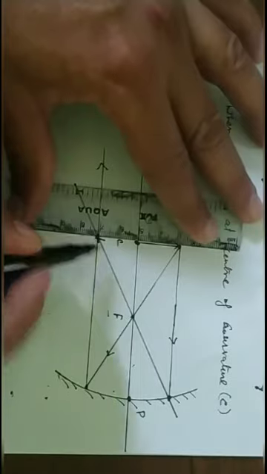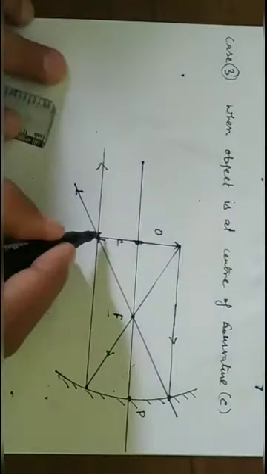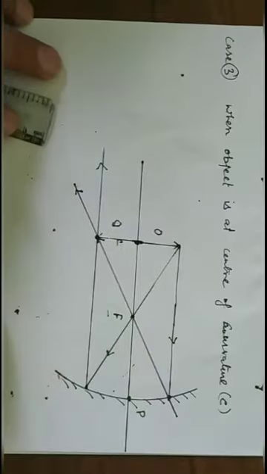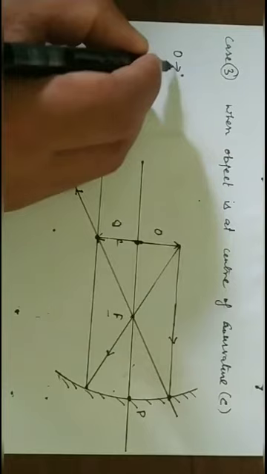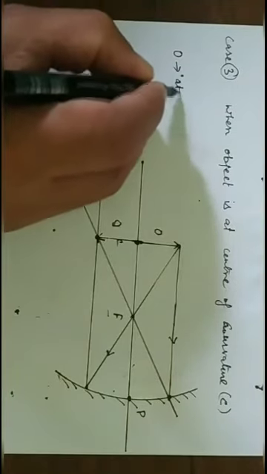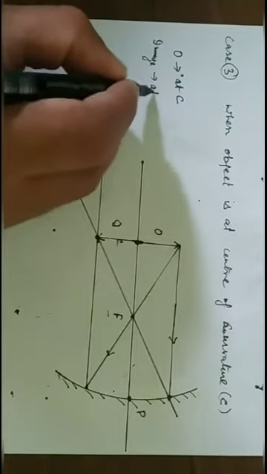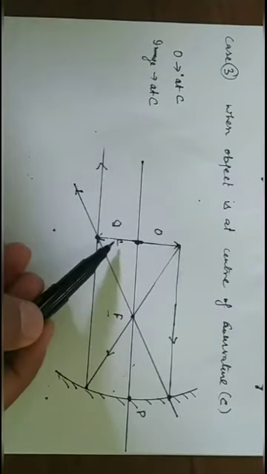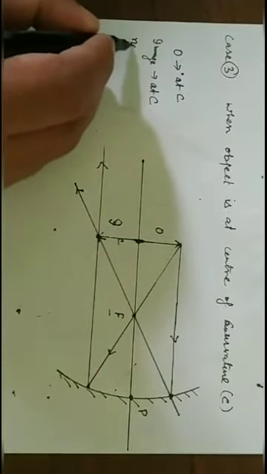If you draw a vertical line from here, you see it passes through the center. So this is my image. Here you can see that when your object is at the center, your image is also at the center. And what is its nature?